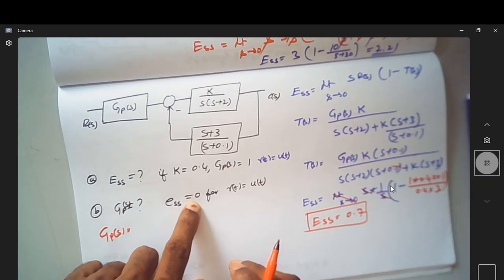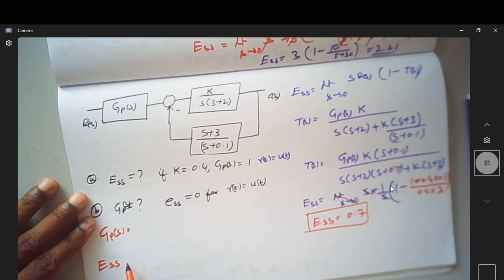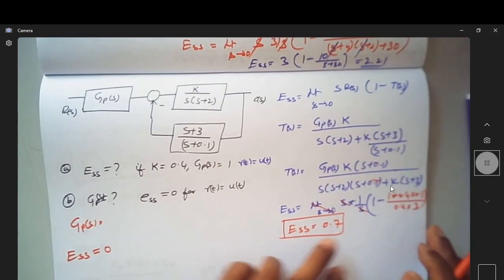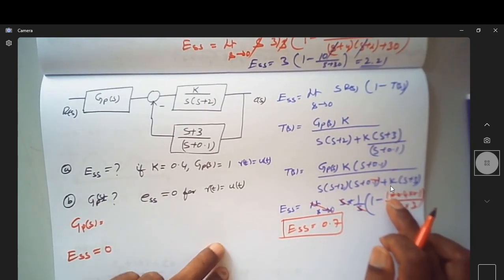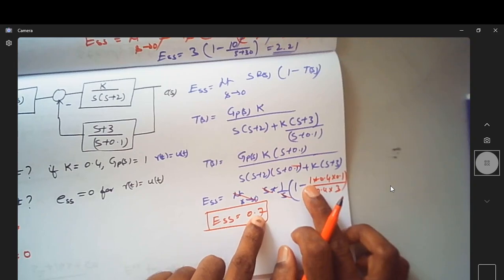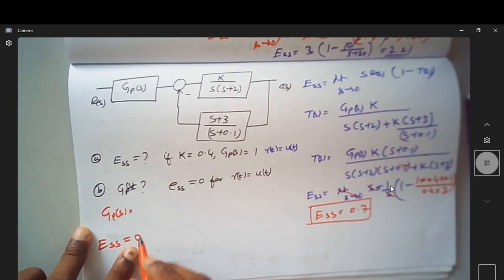And then we are asked to find what GP(s) should be to have an ESS of 0. So let us have this ESS as 0. Here we had GP(s) equal to 1, and we had an ESS of 0.7. Now what is ESS asked for? ESS needs to be 0.